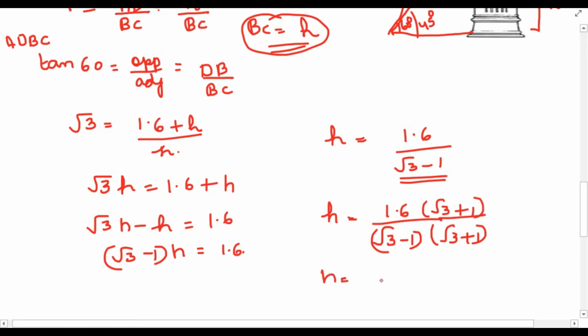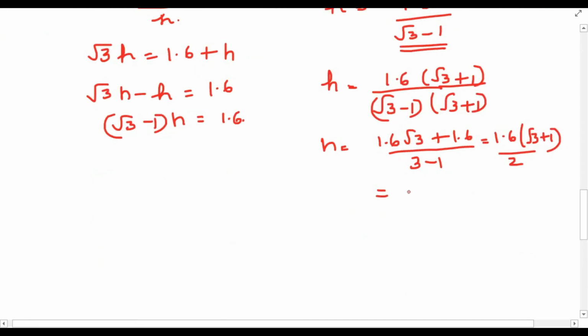So h is equal to 1.6 into root 3 plus 1.6 divided by 3 minus 1, which is 2, or 1.6 into root 3 plus 1 divided by 2. 1.6 and 2 you can cancel, you have 0.8 into root 3 plus 1. So the height of the pedestal is 0.8 into root 3 plus 1.